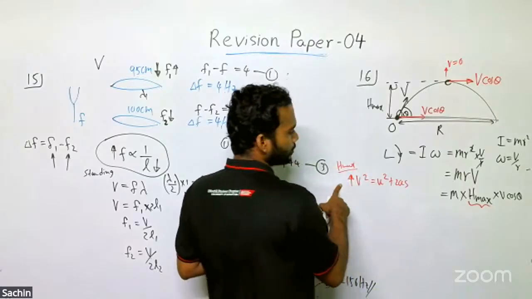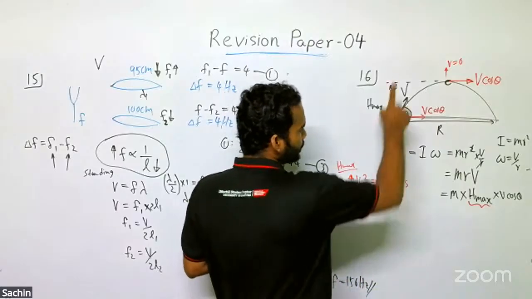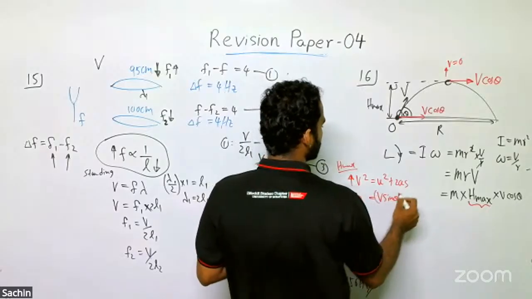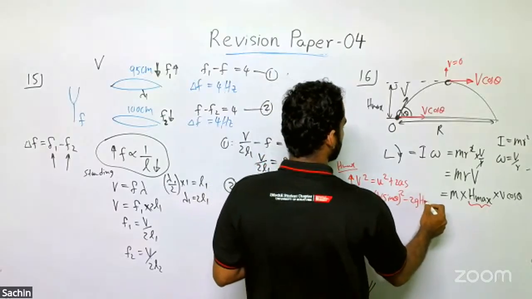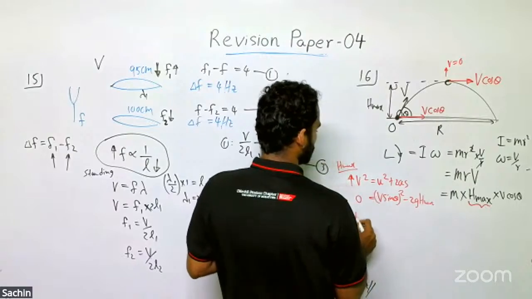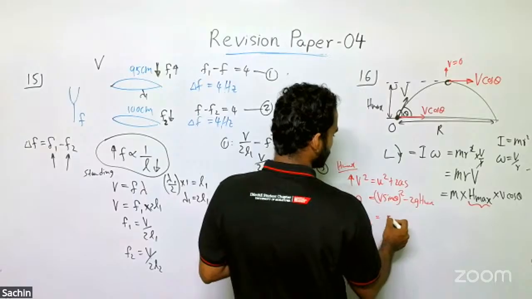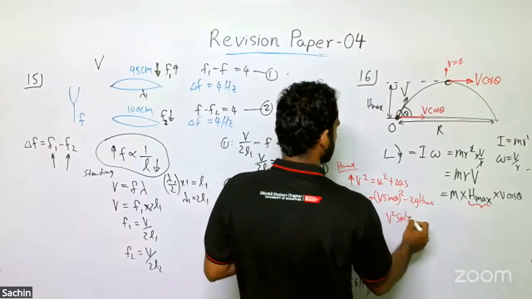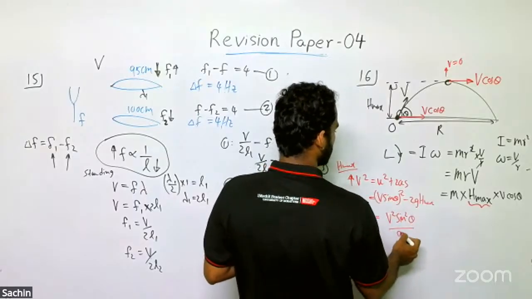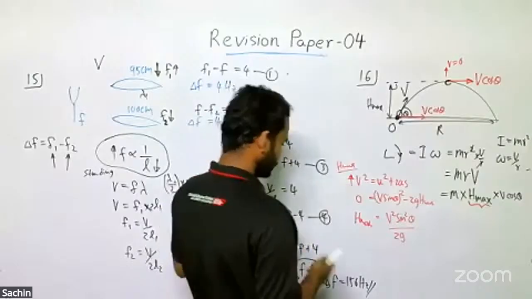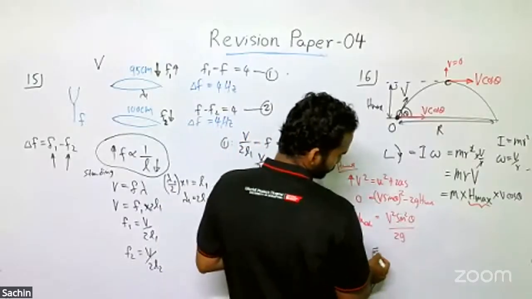When you consider the vertical motion at the maximum height, vertical velocity is 0, initially v sin theta. So h max is equal to v squared sin squared theta over 2g.